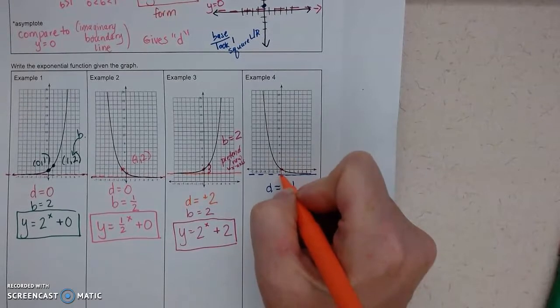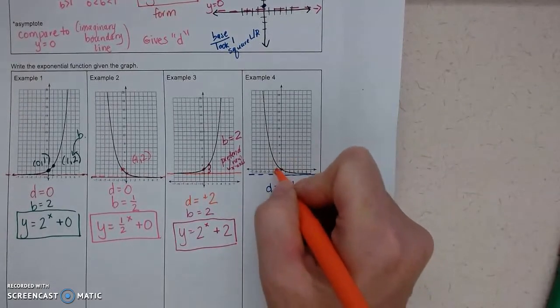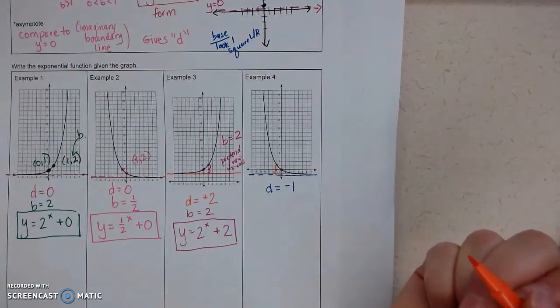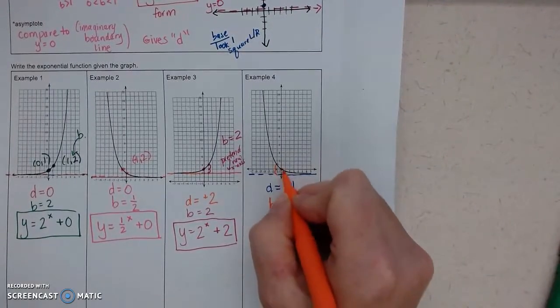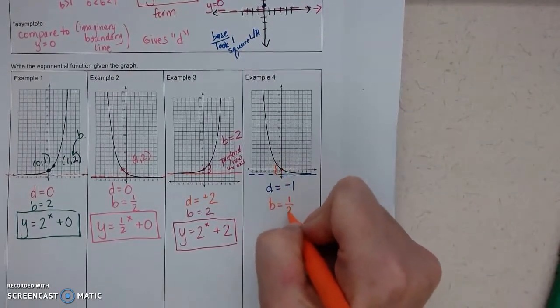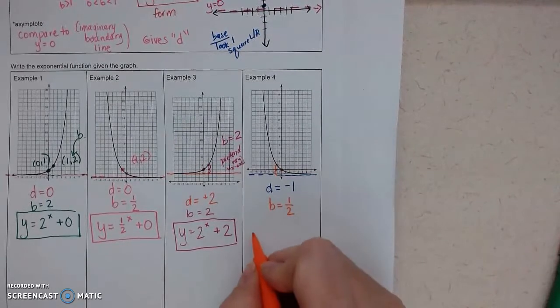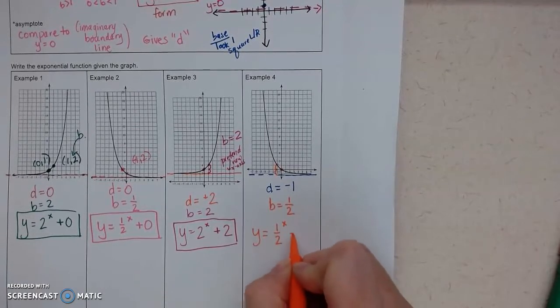And I'm going to go 1 to the left, and we go up 2. Okay, I promised, and I guess I was wrong. So our base, because we went to the left, is going to be 1 over that amount. On your homework, there is more. You'll see 3, I think. So our equation is (1/2) to the x minus 1.